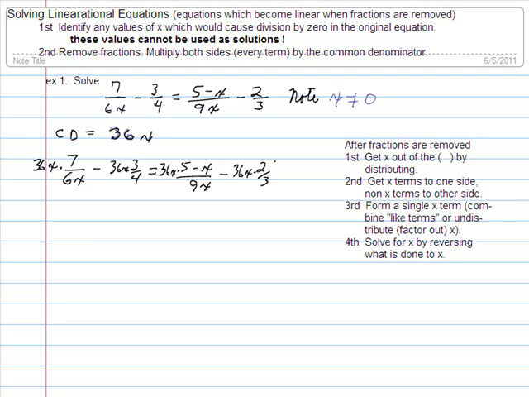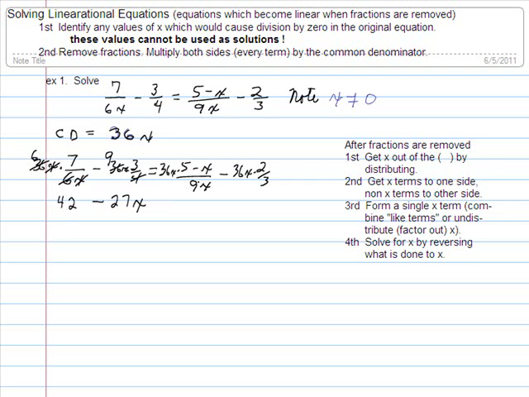And after I do that, I can cancel. Here in the first term, the x cancels the x. The 6 cancels one of the 6's but leaves one of the 6's, and so I end up with 42 as my first term. In my second term, the 4 cancels the 4 but leaves the 9. The x did not get canceled, so I get minus 27x.